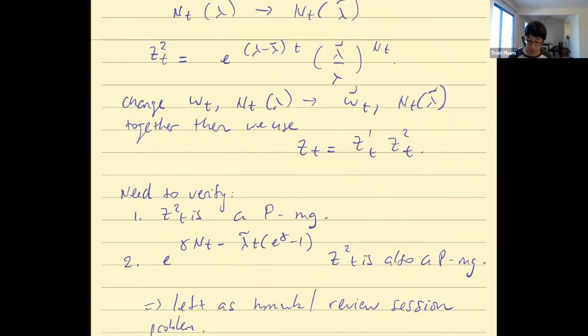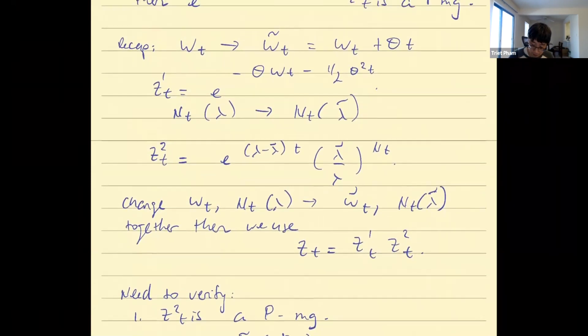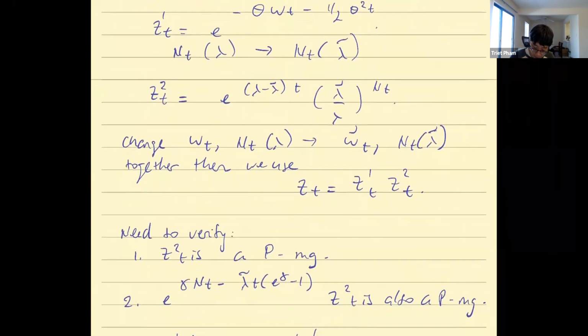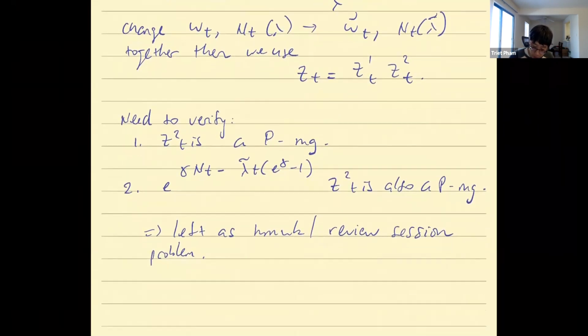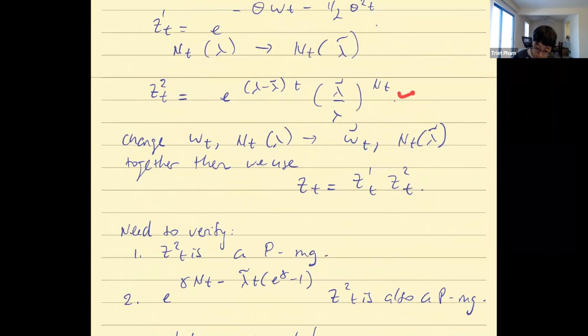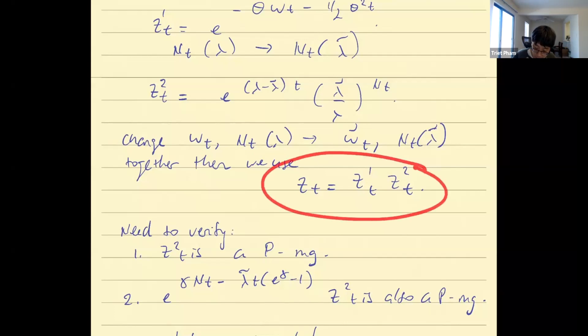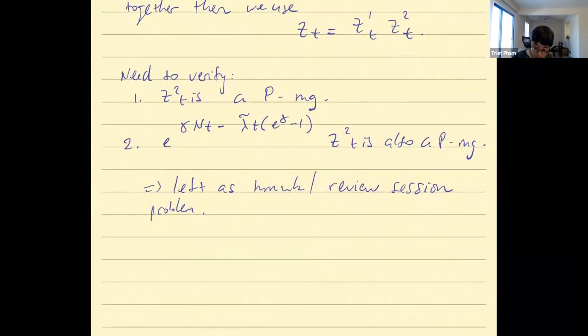Any question on this? All right. So the point is that we have shown what the change of measure kernel is for a jump process. And when you have both together, you just use the product of the kernels as the change of measure kernel.